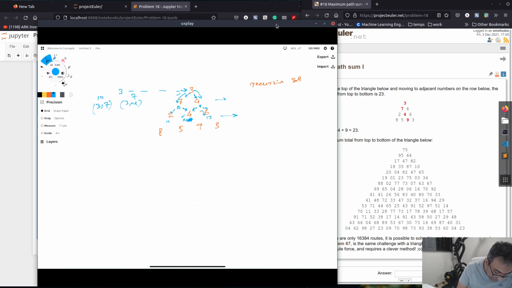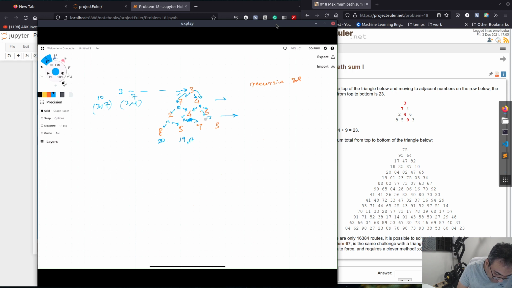So this will come down over here, and this will be 20. This will come down over here, and this will be either 19 or 12 and 5 is 17.